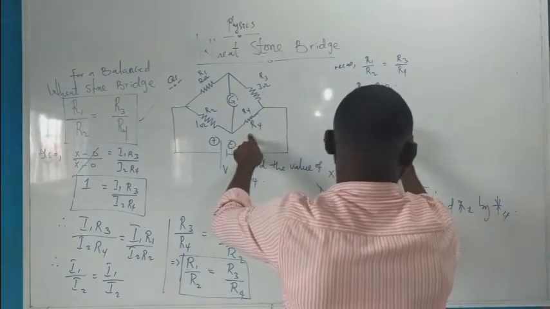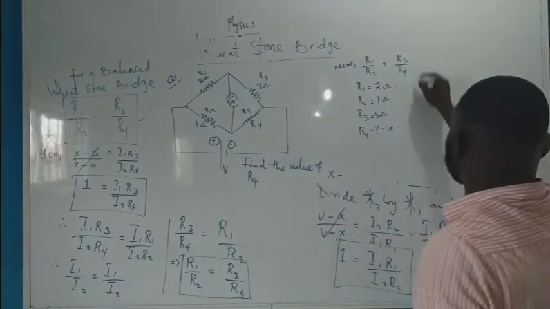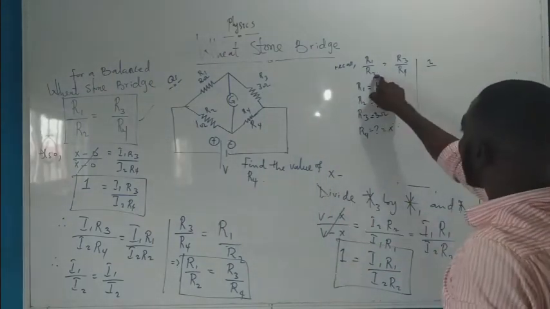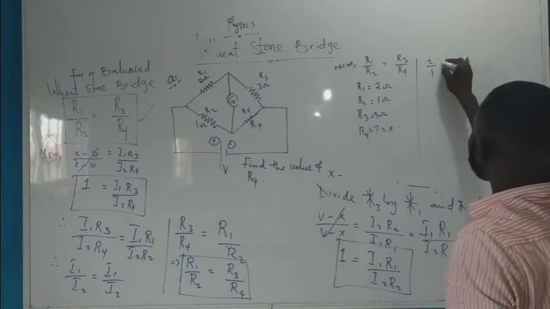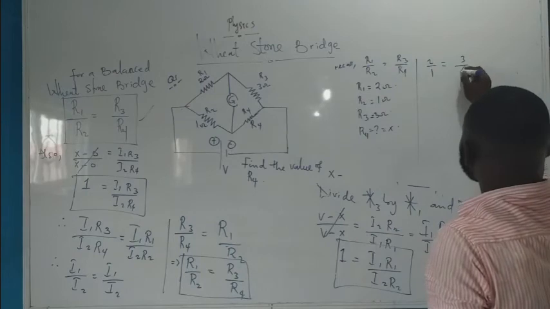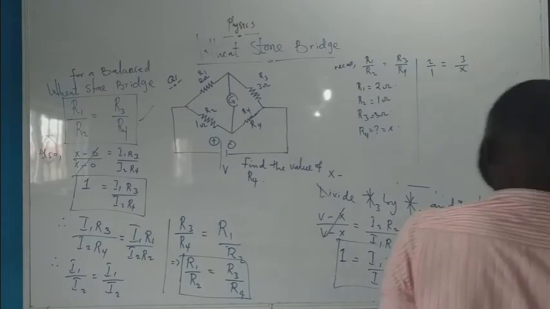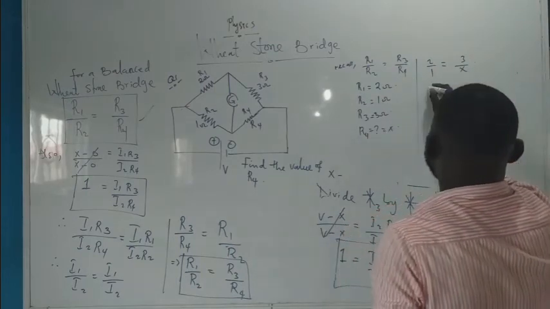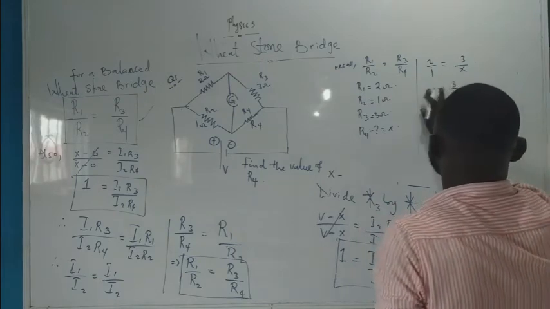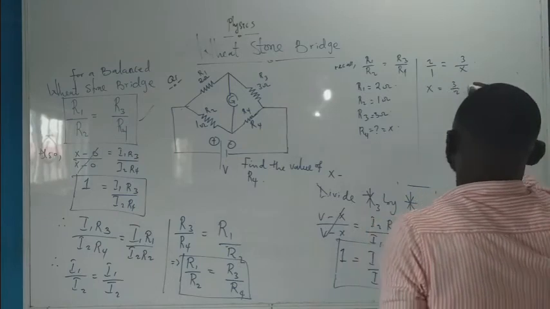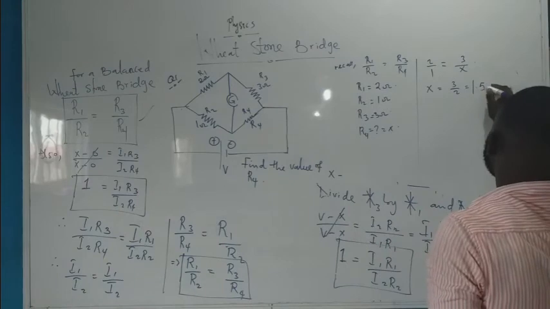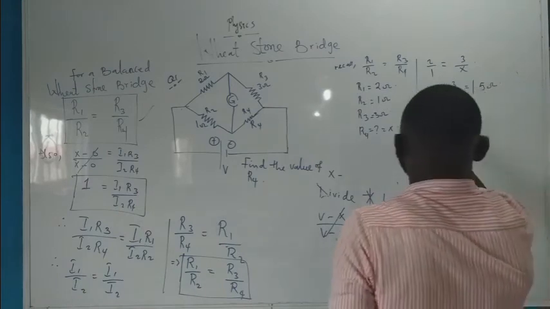So let's call this X. So we can have R1 is 2, that will be 2 over R2, R2 is 1, equals R3, that's 3 upon X. Cross multiply. So we can have X equals 3 over 2, which is 1.5 ohms.